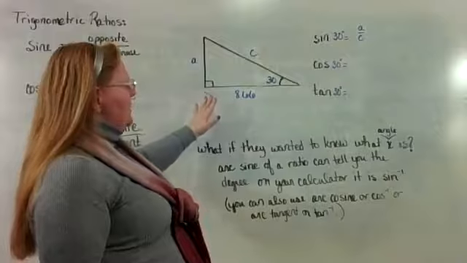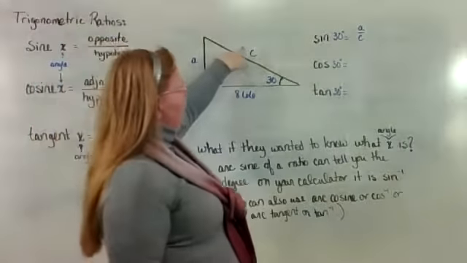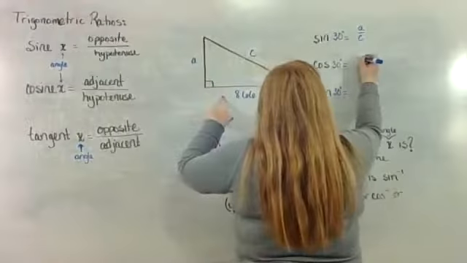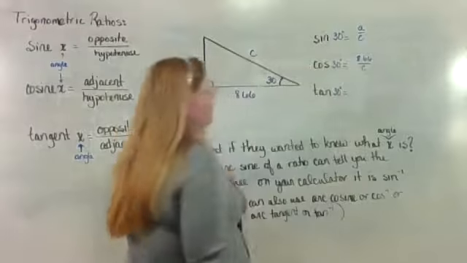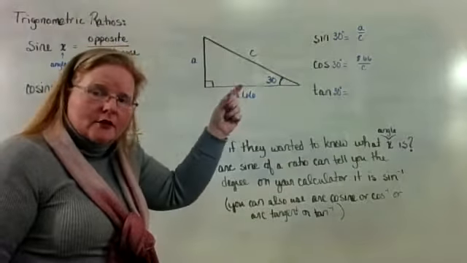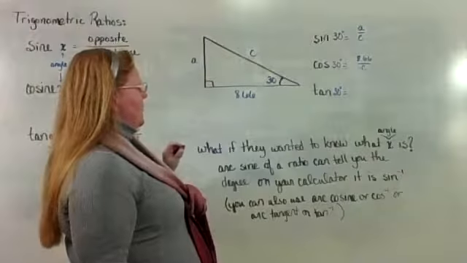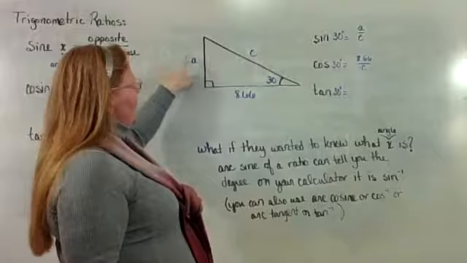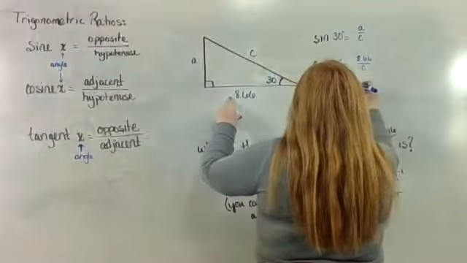For cosine of 30, that's going to be this side over that side, so that's going to be 8.66 over C. That could be helpful. At least we got another number in there. For tangent of 30, that's going to be A over 8.66. That could be helpful too.